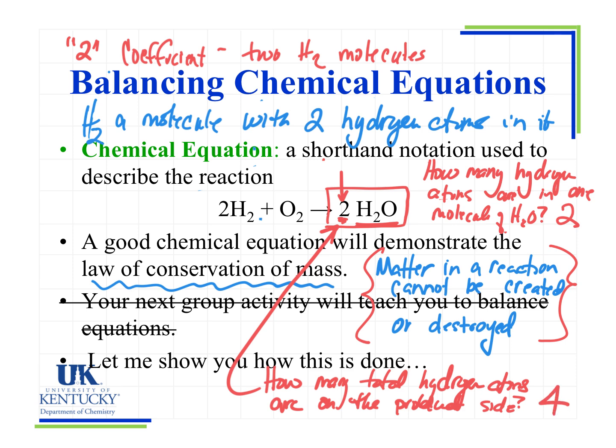And again, the answer is 4. 2 water molecules, each water molecule having 2. So we're multiplying. The 2 coefficient times the 2 subscript tells you that there are 4 hydrogen atoms. And that is the same number of hydrogen atoms on the left as there are on the right. So the hydrogen was not created nor destroyed.